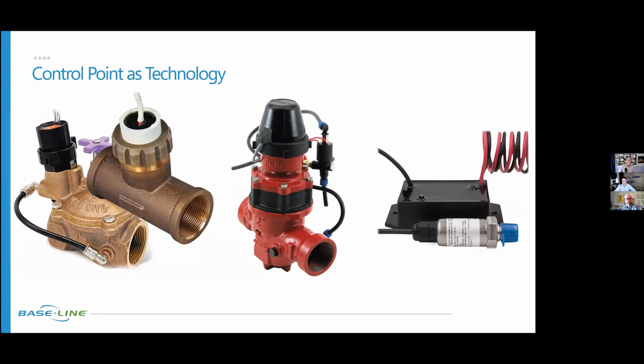And what's nice about it being a technology is it allows you to use some of your own hardware or to use just portions of hardware. So you might have a master valve and a flow sensor as a control point. You might have a hydrometer, which is a master valve and a flow sensor combined, as a control point. You might have a pressure transducer or just a single component, and that's a control point. So that's the technology concept.